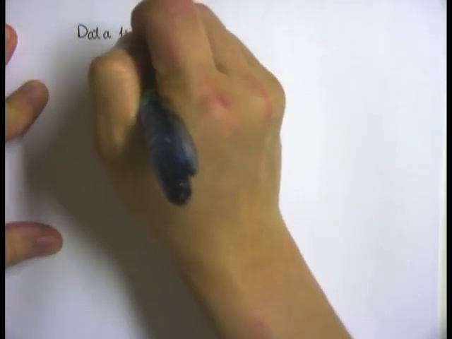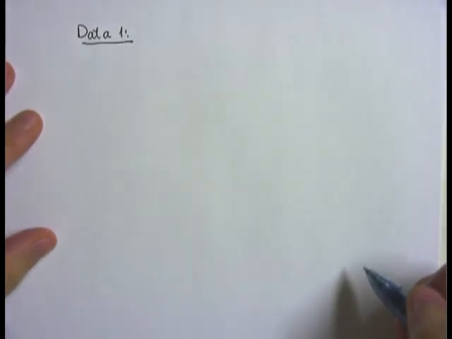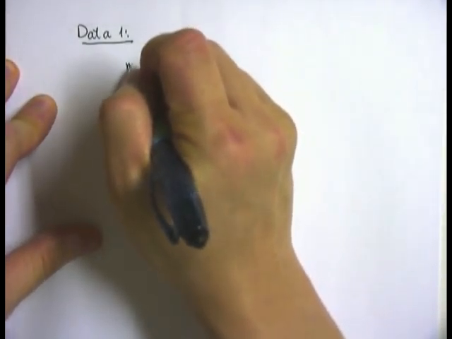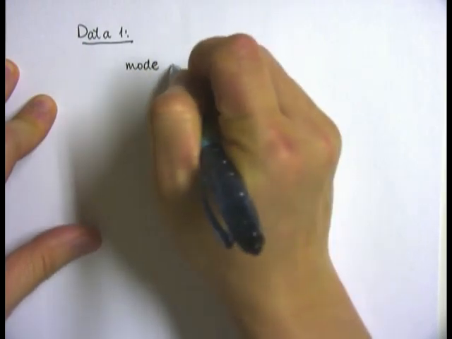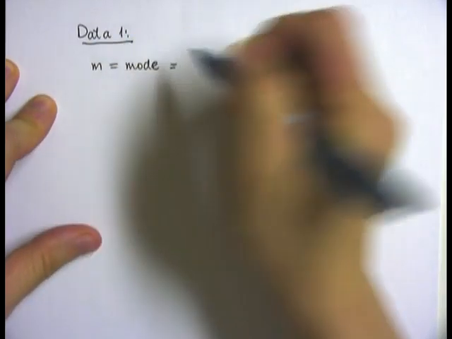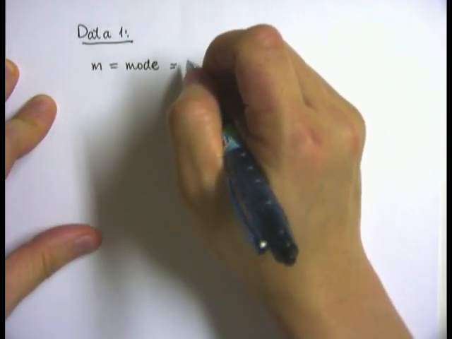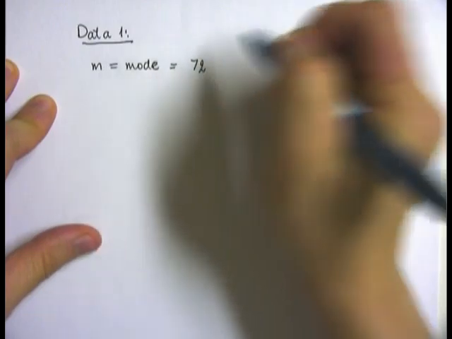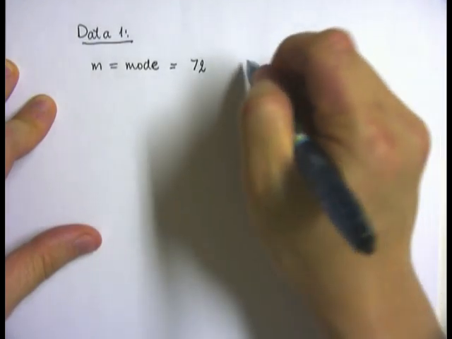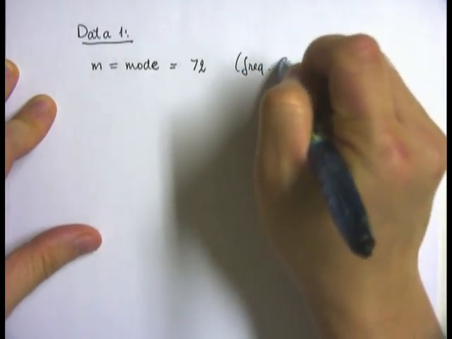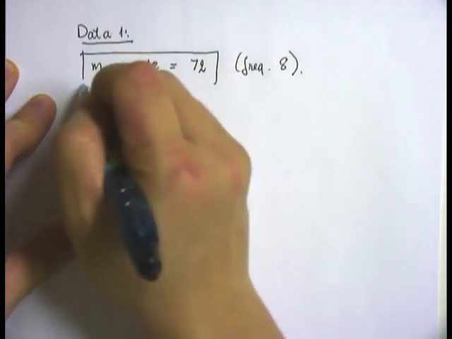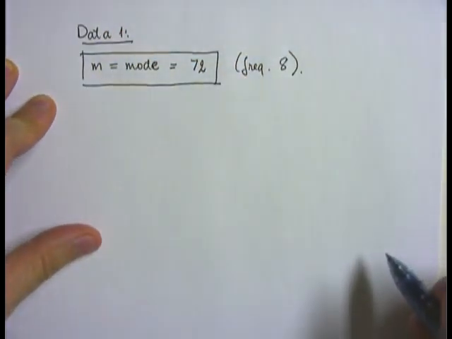If we're looking at data set 1, for example, the mode for data set 1, or lowercase m, would be equal to the value 72, because 72 has frequency 8, and that's the highest frequency. That's the data value that has the highest frequency in data set 1.